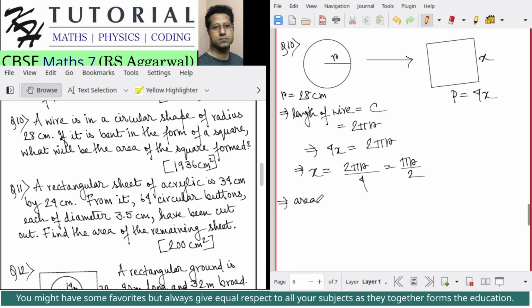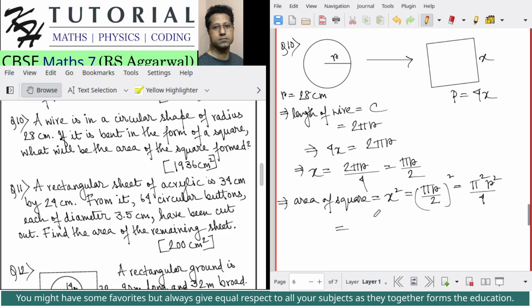The problem has asked the area of the square. So area of square is x square, which is equal to pi r by 2 square, which is equal to pi square r square by 4.